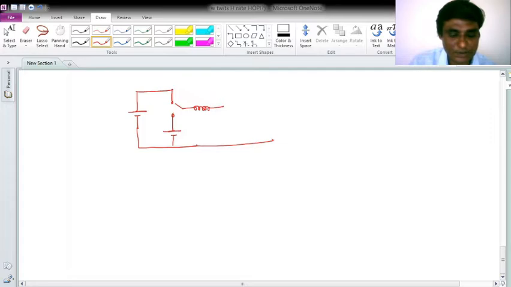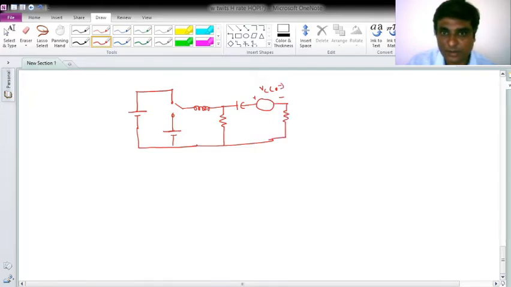There is an inductor, resistor, and capacitor in series with a voltage source, which is 0 negative, and then one more resistor connected with it.